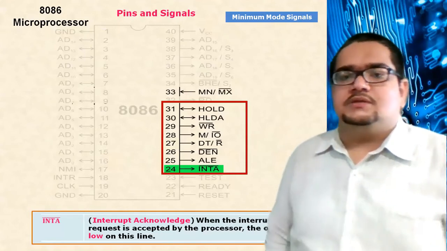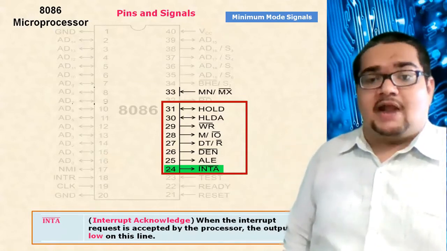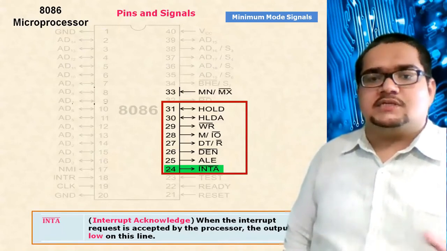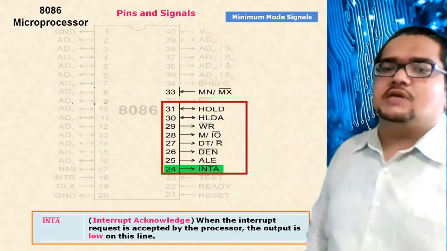Okay. So you can read it there: when the interrupt is requested, and if it is accepted by the processor, it will send this interrupt acknowledgement onto this line such that the other device, the requesting device, can understand whether its request for interrupt was accepted or not.